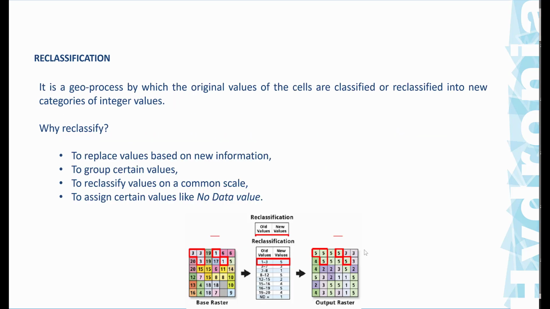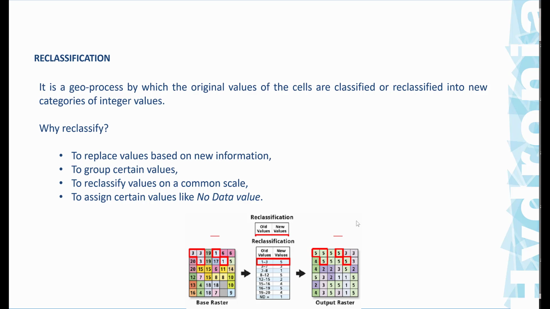Another useful tool that sometimes you may want to explore in the future is reclassification. It's a geoprocess by which the original values of the cells are classified or reclassified in new categories of different integer values that you may have.